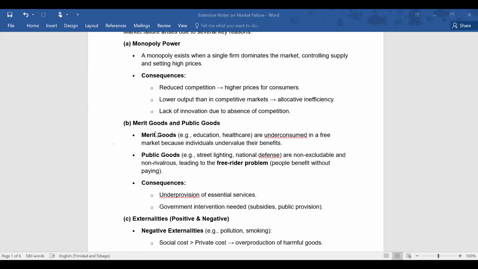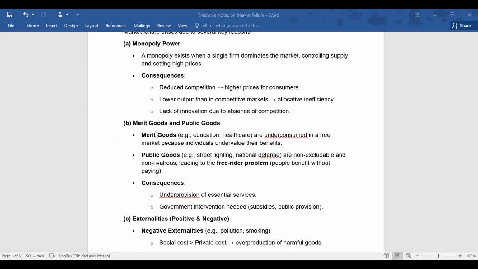That's a demerit good. Plain and simple, if you have too much demerit goods or not enough merit goods, that could lead to market failure. Because if you have too much demerit goods, that is decreasing productivity, that's decreasing efficiency, that's decreasing happiness, satisfaction, all in one, which is not how you want to allocate your resources if you want to satisfy your wants efficiently.